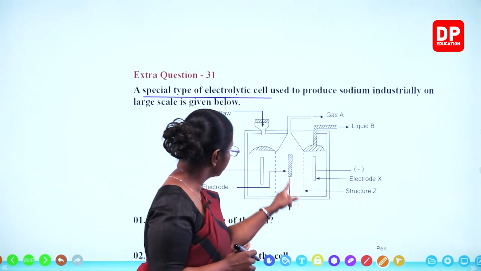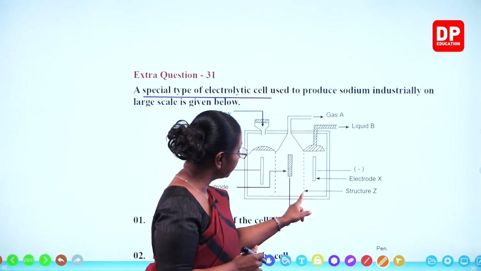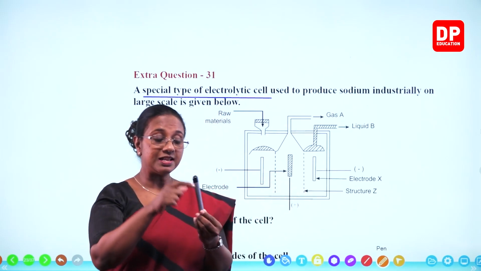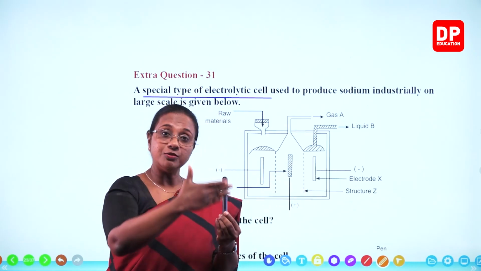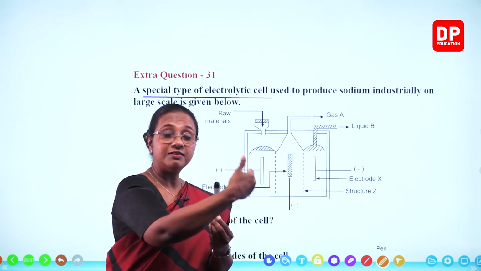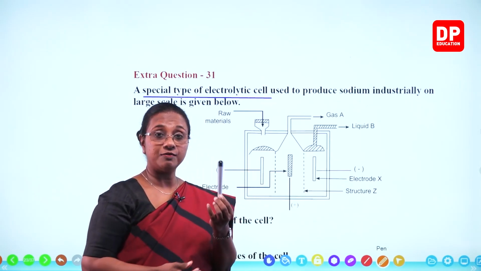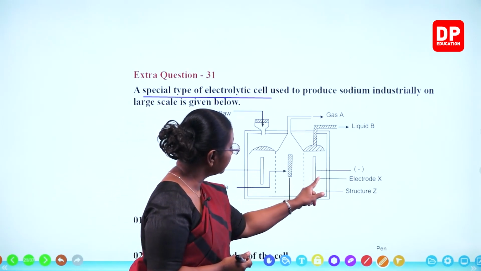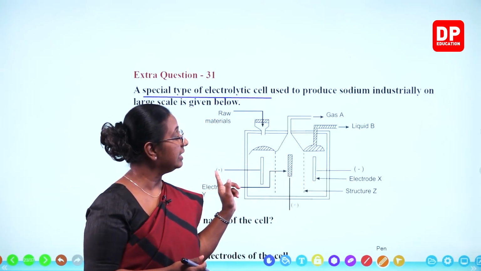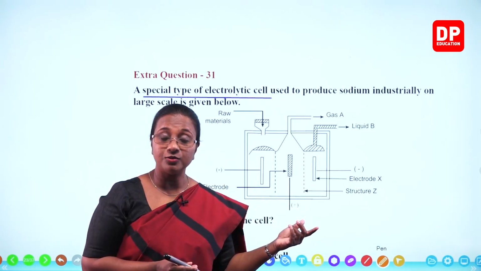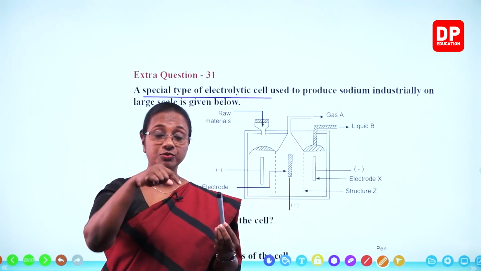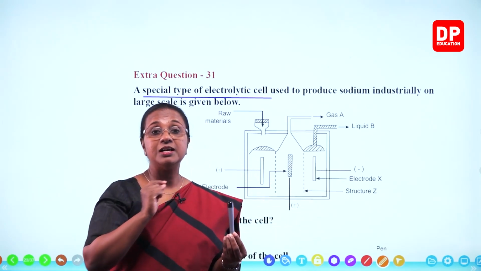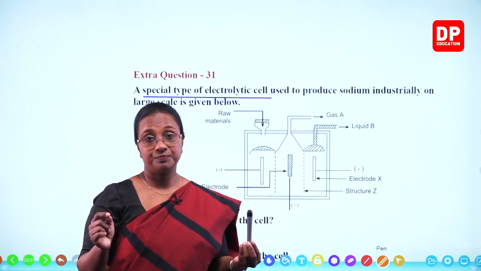You can see the perforated diaphragm and that is like a circle. So when you cut across the cell, you get the diaphragm on either side of the anode. Then on either side of that you get the negative electrodes, which are the cathodes, and you all know it is a circular steel cathode.